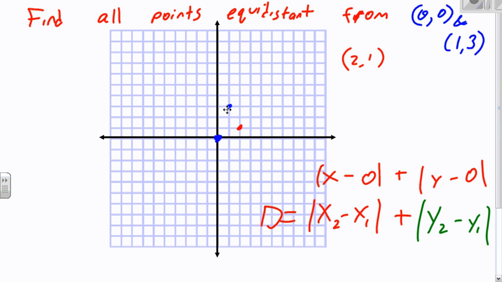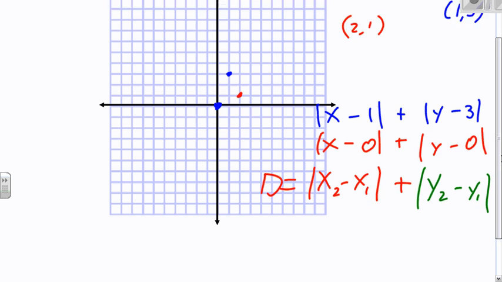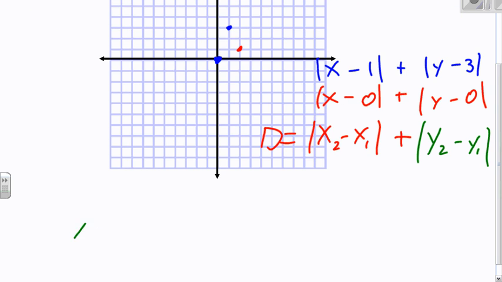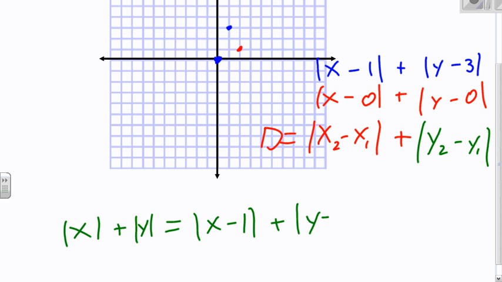Our distance from 1, 3 would be x minus 1, y minus 3. So we'd be looking for when these distances are the same. So when the absolute value of x plus the absolute value of y is equal to the absolute value of x minus 1 plus the absolute value of y minus 3.